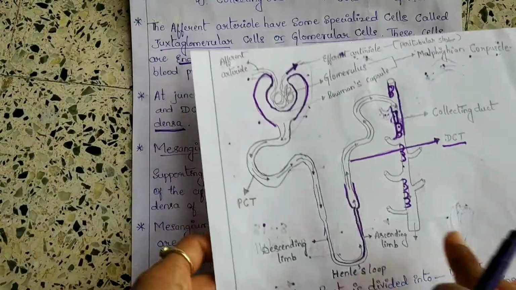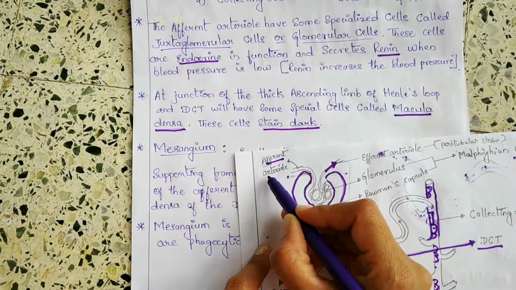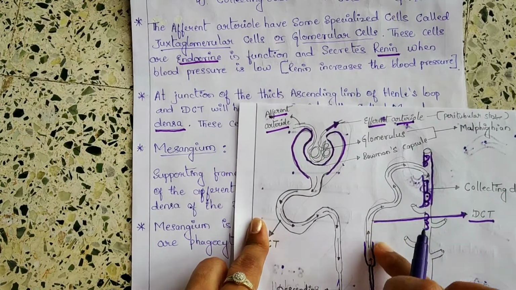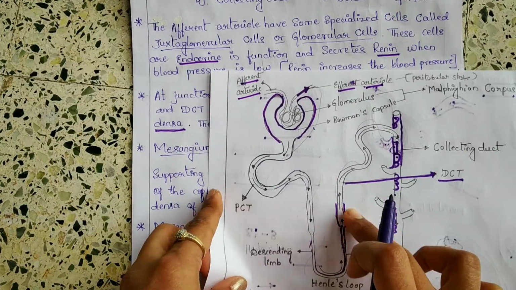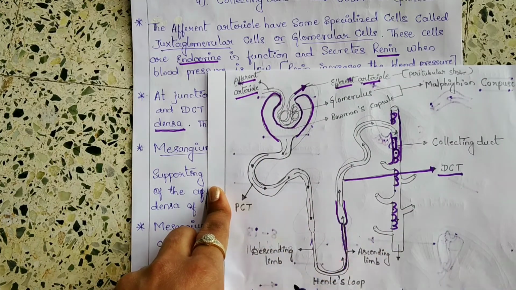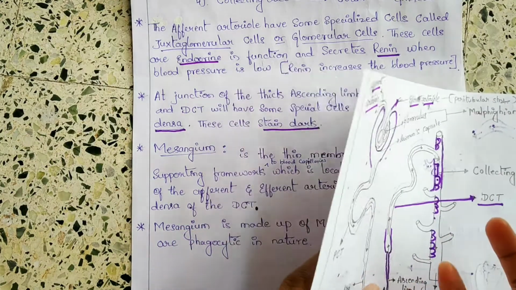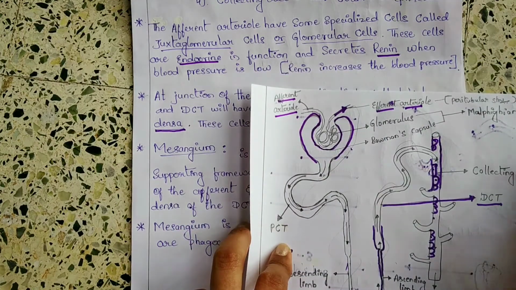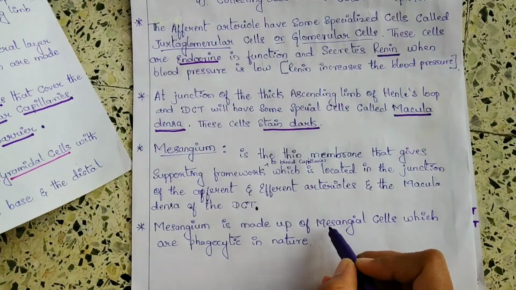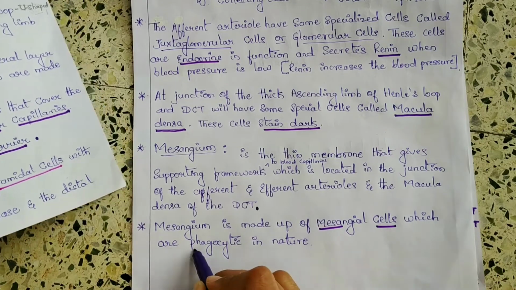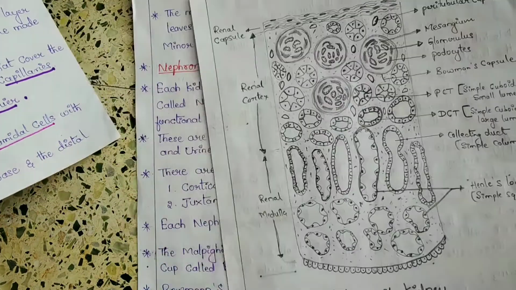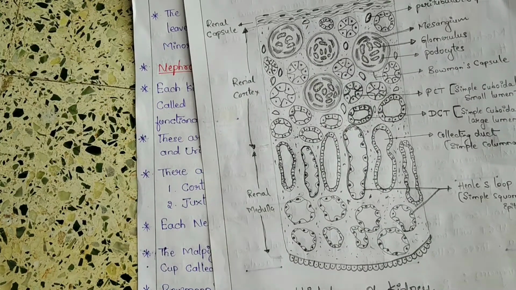That supporting framework is called the mesangium. It is made up of mesangial cells, and these mesangial cells are phagocytic in nature. That's about the histology of the kidney.